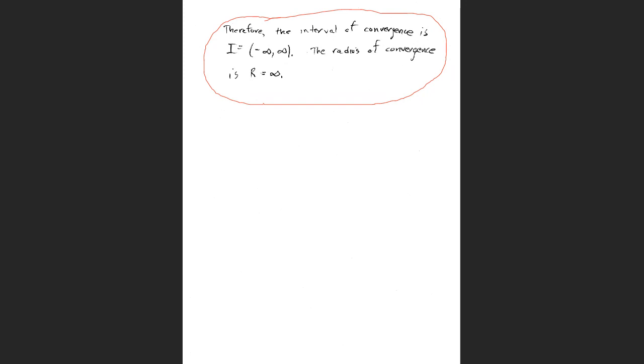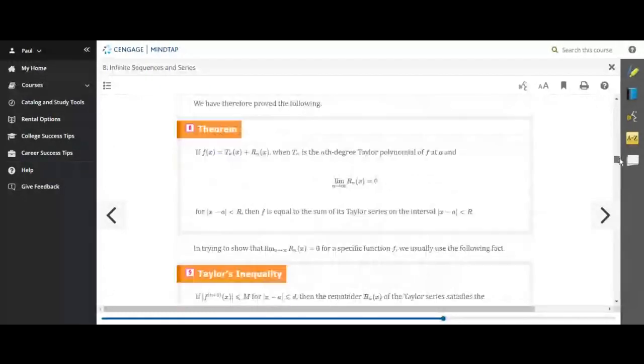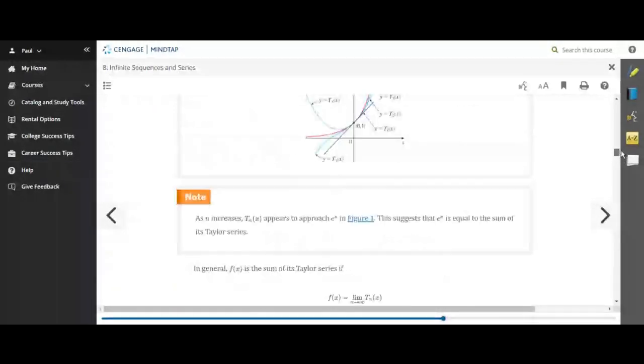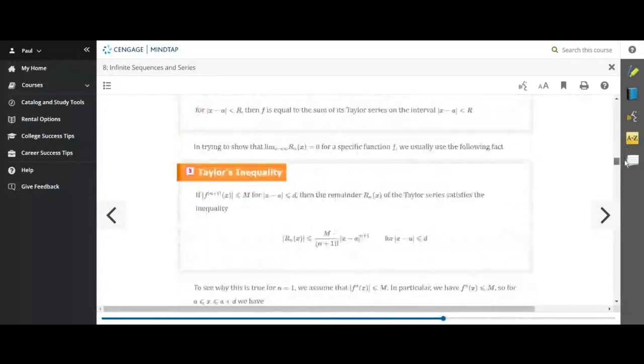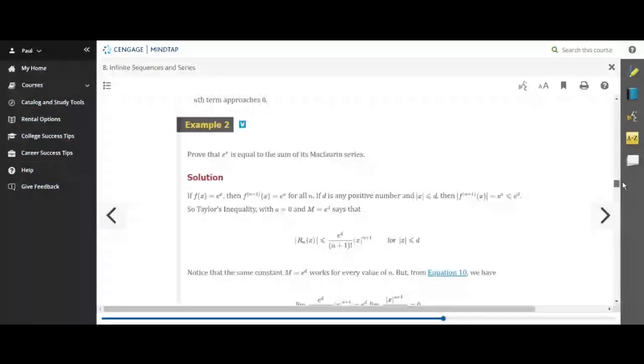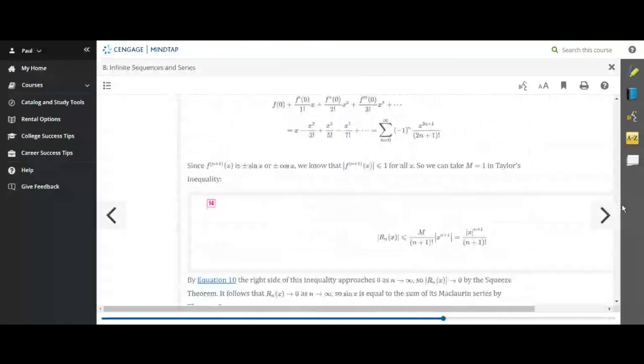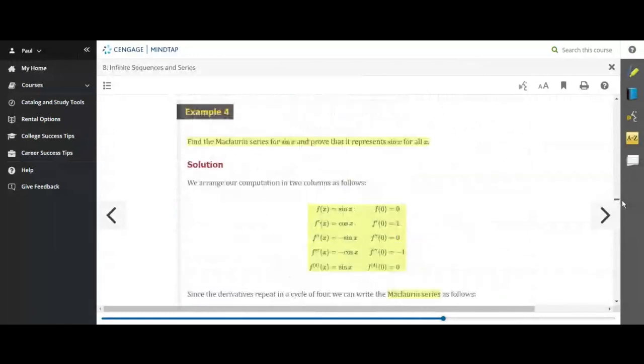I want to go to an example in the book here. I want to go to example 4.